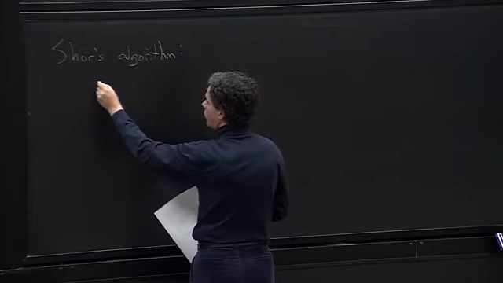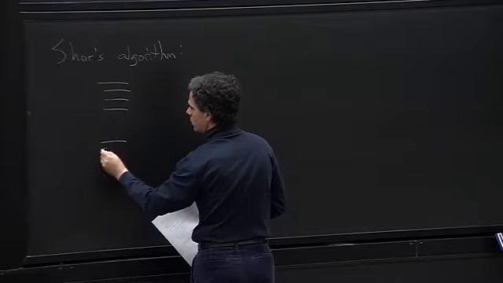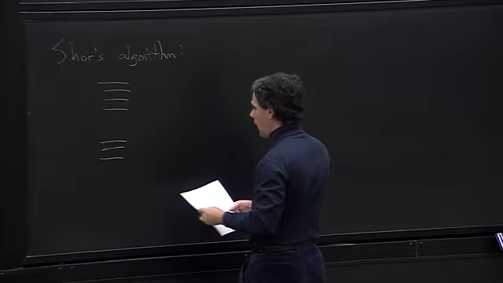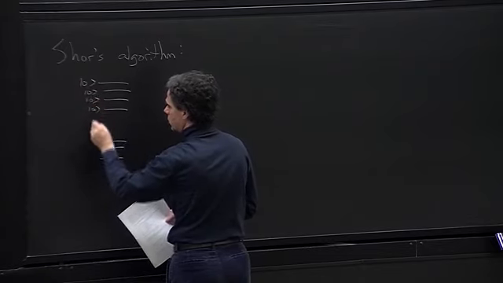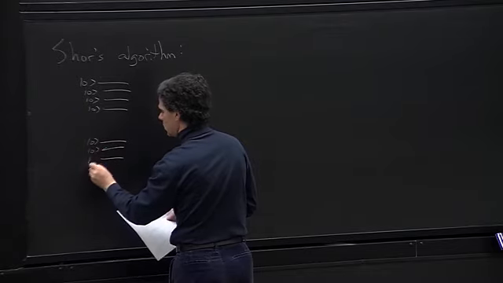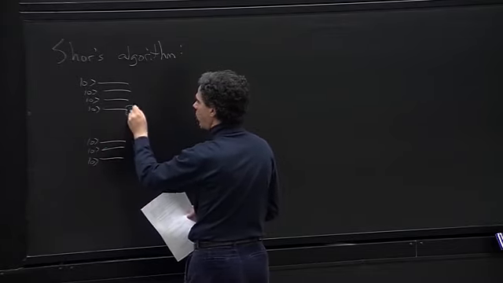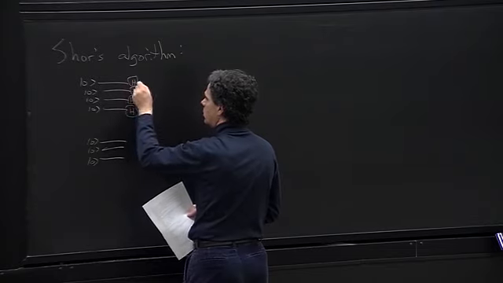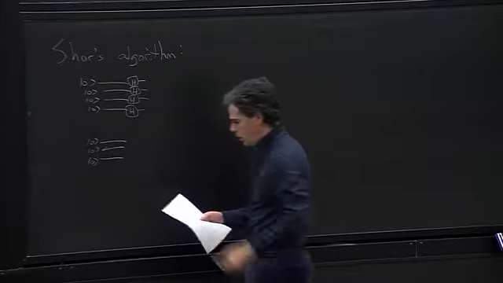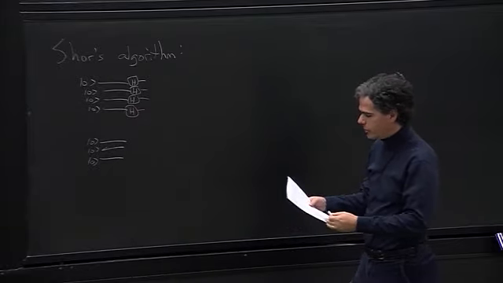We're going to have 2 registers, and they're going to start all at the zeros. Then we start out like we did with the Lecture 6 algorithm by doing the Hadamard on all qubits in the first register.